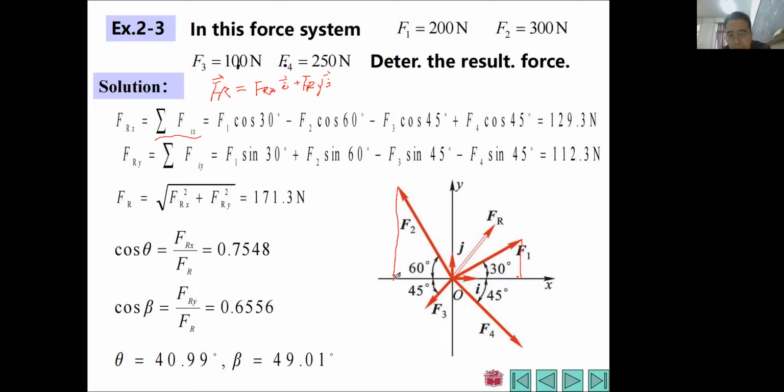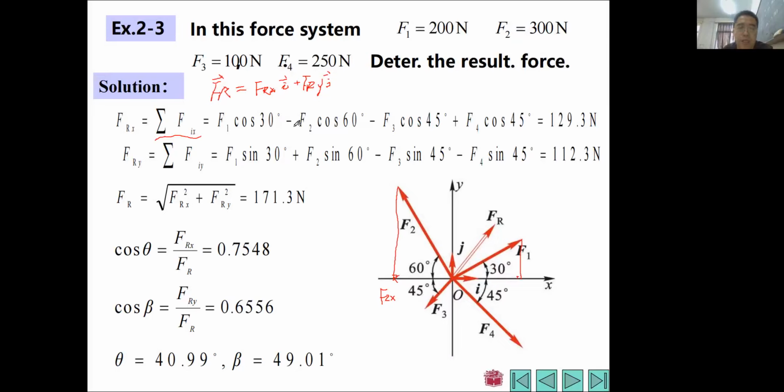Actually, this length will denote the magnitude of F2x, right? And you will find this time F2x has its direction along the negative direction of x, right? So we have given a minus sign here. This is very important.